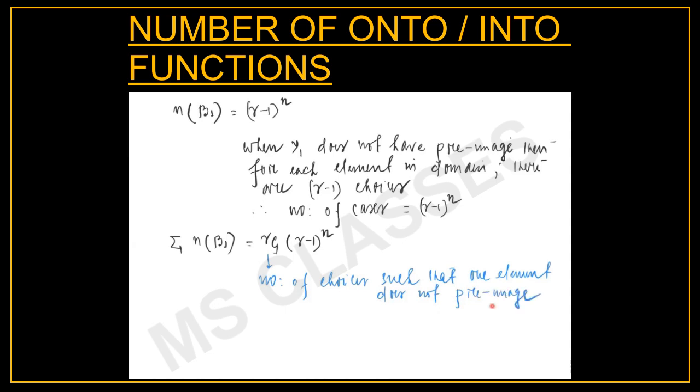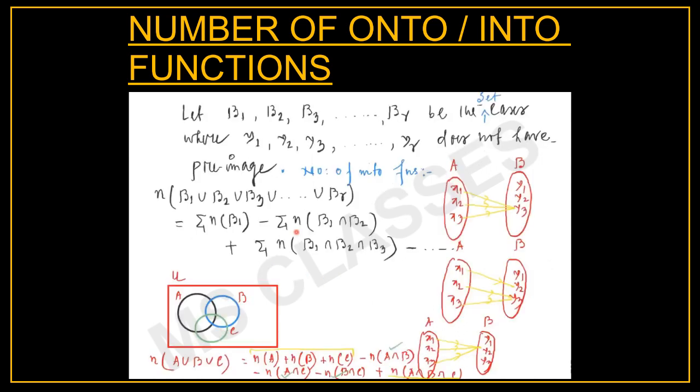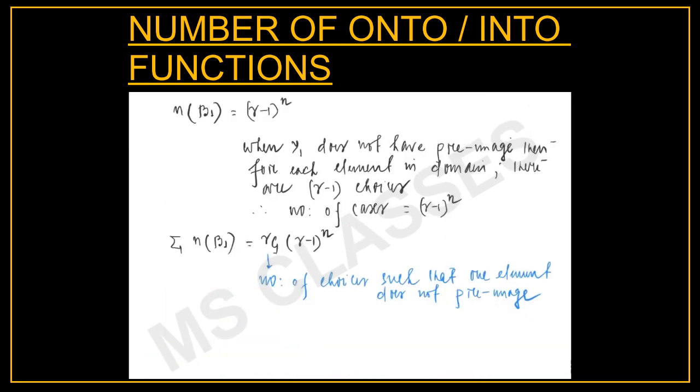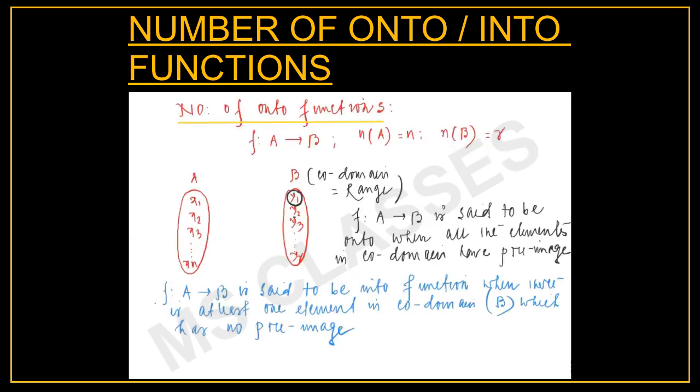Next, we have to find N(B1 intersection B2). Now two elements will not have preimages. When we find the summation of N(B1 intersection B2), two elements are not having a preimage. So what we'll do is rC2: we choose any two elements which will not have a preimage. Suppose I choose y1 and y3 will not have a preimage. Now for each element we have how many options? r minus 2 options.